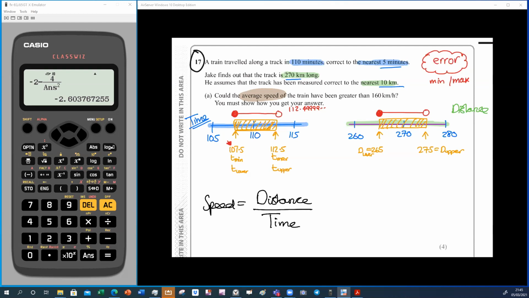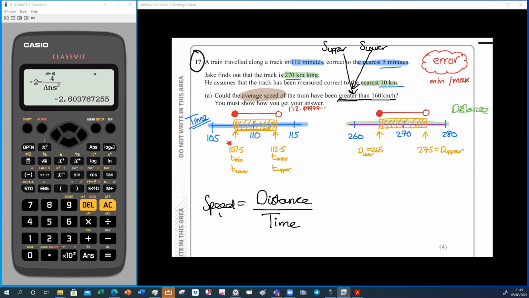Now, when they say greater than 160, what do you think they're indicating here? Do they want us to work out the speed upper bound, or the speed lower bound? Which one do they want us to do here? The key word is here. The upper bound, absolutely.